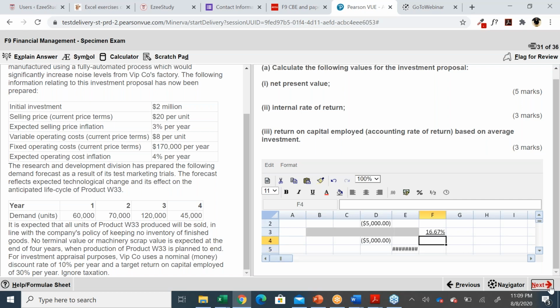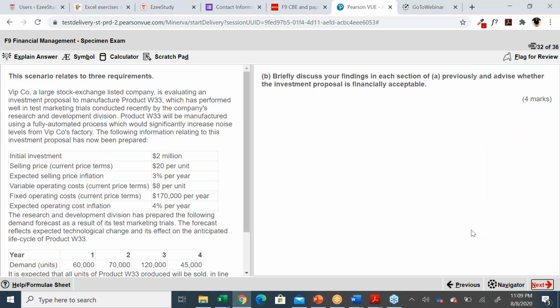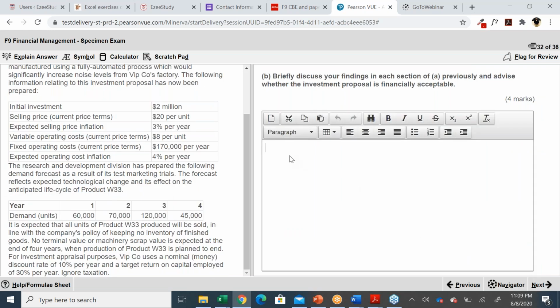Okay, let me first discuss a theoretical question as well. Now the beauty of the computer-based exam is when you see a question that says briefly discuss your findings, what you need to do is a brainstorming session and first write the key points.